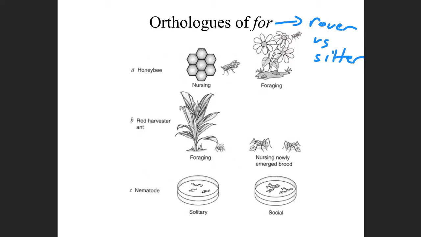Similarly, its expression will affect foraging outside the nest versus nursing newly emerged brood in red harvester ants. And interestingly, it works in the opposite direction. And then it will also affect aggregation behavior in C. elegans.